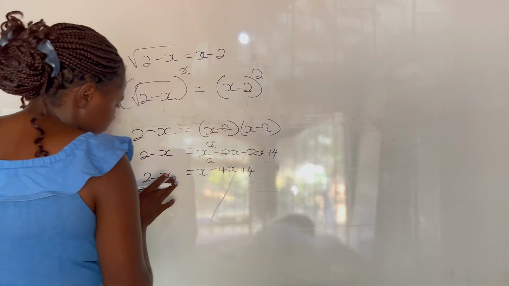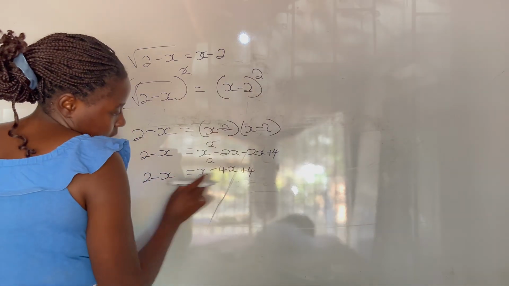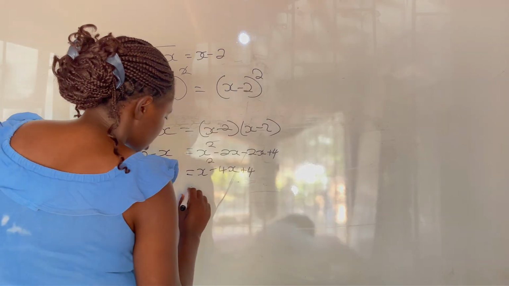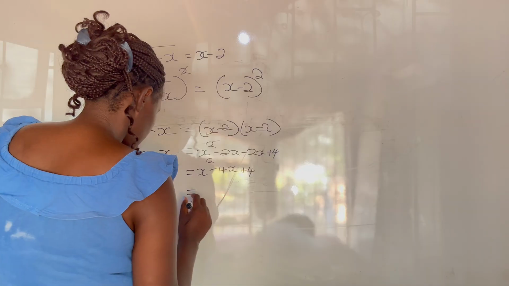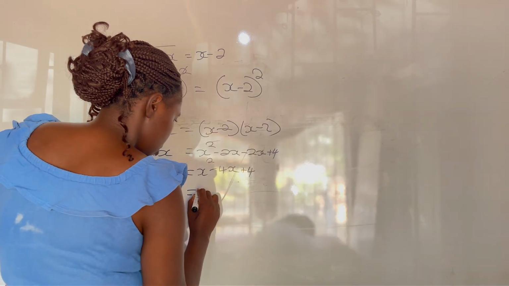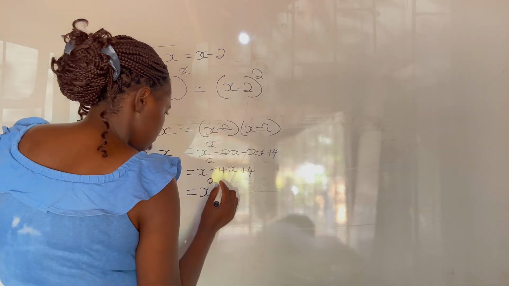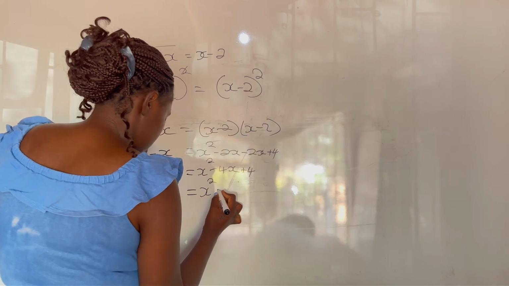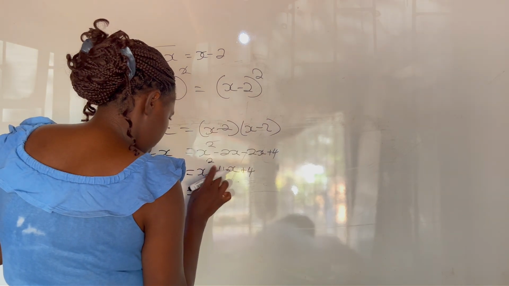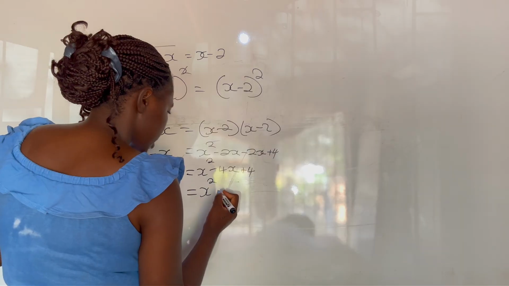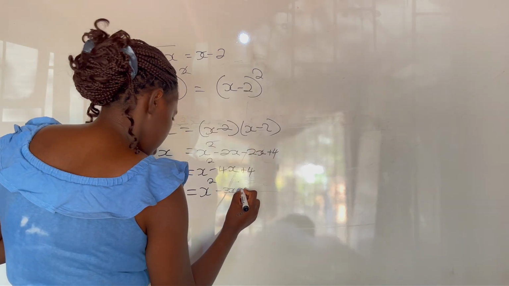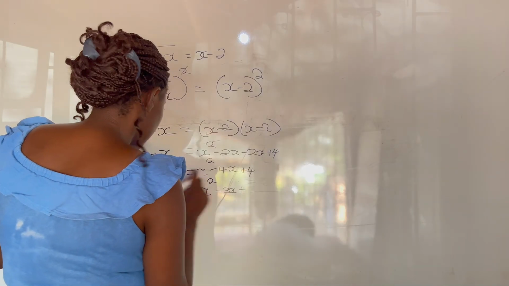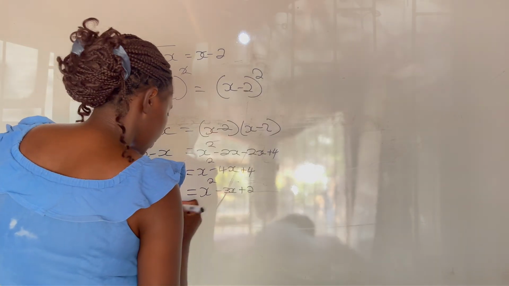So what we have to do here is to take this 2 minus x to the right hand side. So here we'll have 0 is equal to x squared minus 4x plus x, which will be minus 3x, plus 4 minus 2, which will be 2.